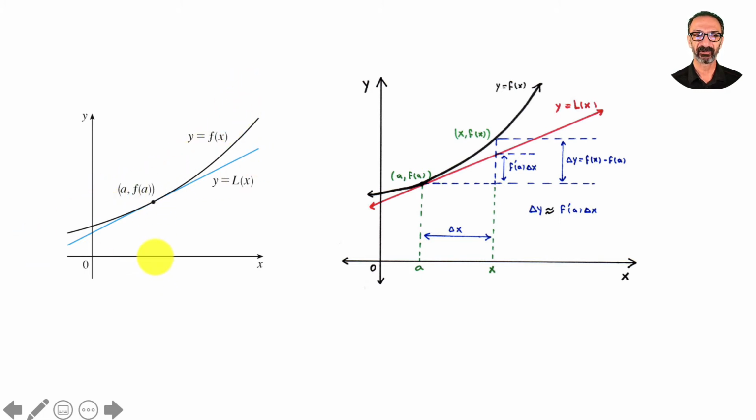But if this is 5 and you want to go to somewhere like 5.01, it's kind of hard to see what's happening. So if 5.01 is right here, you could reach out to the graph itself, that's called the actual value. You could reach out to the line itself, that's called the approximation.